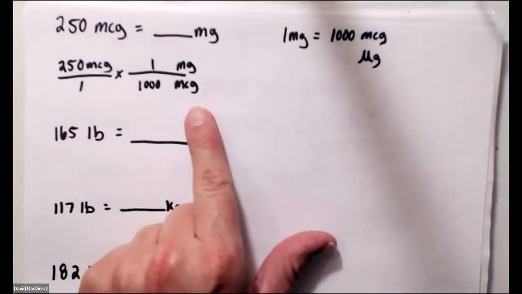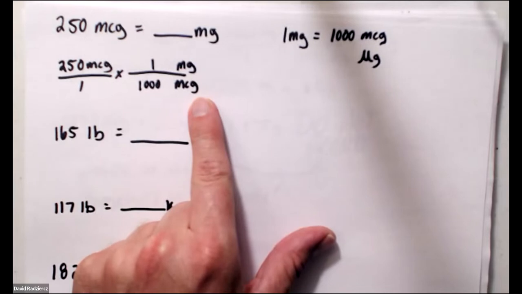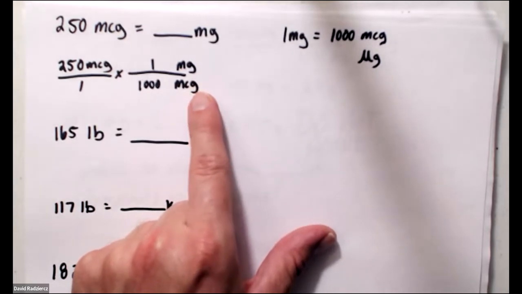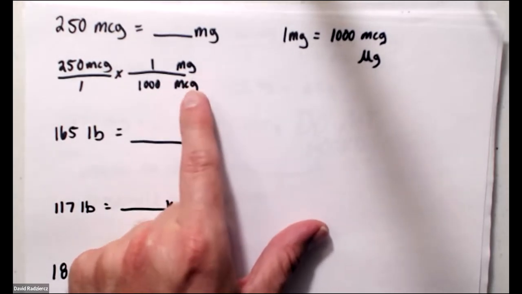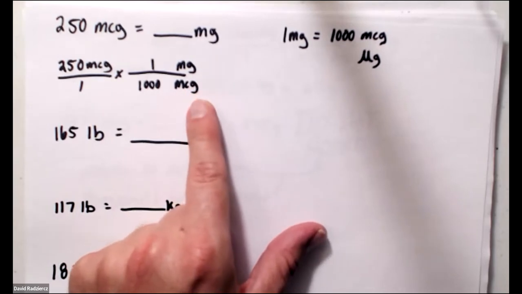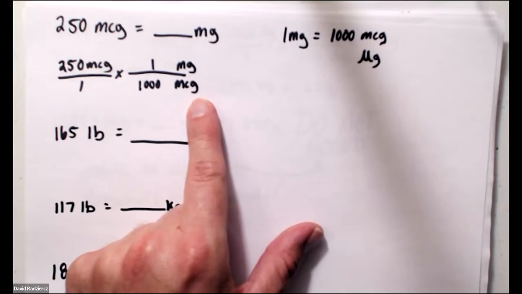The other thing that I'm trying to role model is that I put my units first before I put my numbers. And again, this is more so for you if you are someone who kind of makes the mistake of forgetting, am I multiplying or dividing by 1,000, or do I move it to the left or to the right?